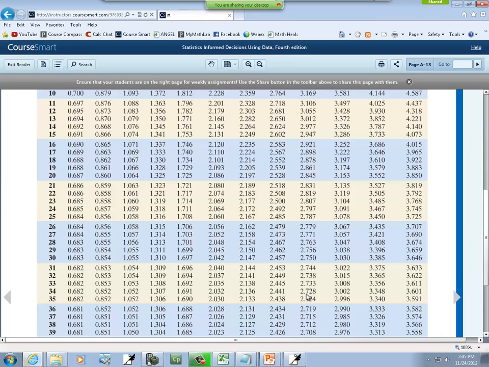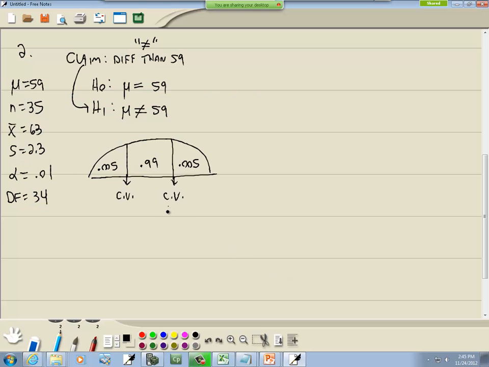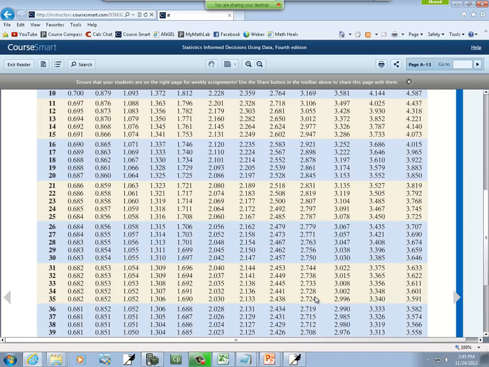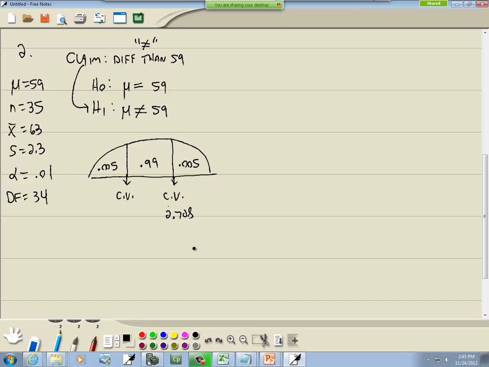So fourth from the right, and 34 would be 2.728. Let me double check that. That looks right. Now both of them are 2.728, but since this one's on the left side, this is negative. This one's on the right side, so it's positive.